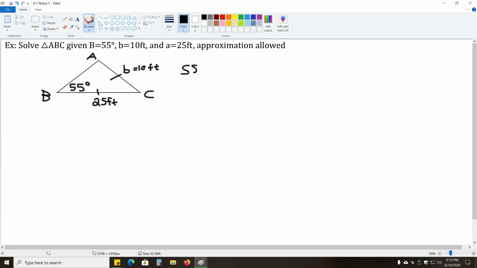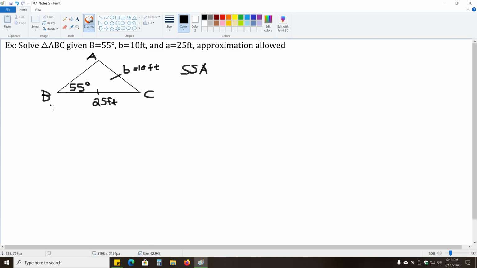That's side, side, angle. That means we can solve this using the law of sines. But it is very important to note that side, side, angle is our special case for law of sines that says there could be 0, 1, or 2 solutions.